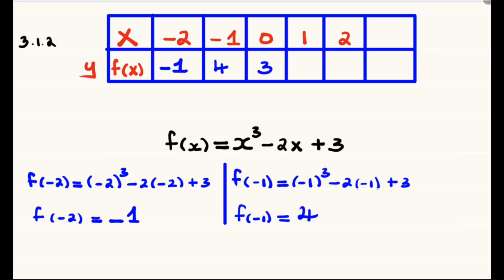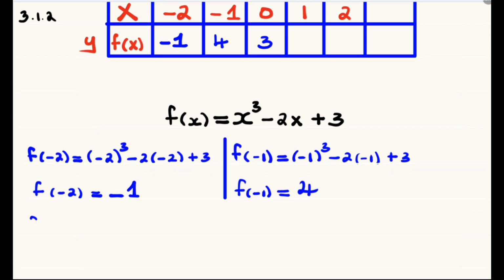When x is equal to 1, we have f of 1 equal to 1 raised to the power 3 minus 2 multiplied by 1 plus 3, and f of 1 will be equal to 1 minus 2 plus 3, which is equal to +2.